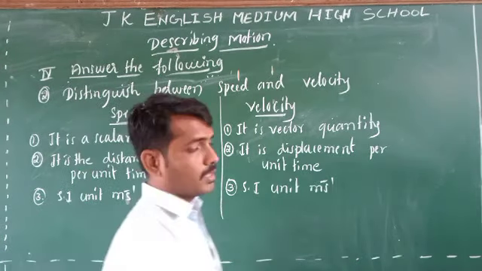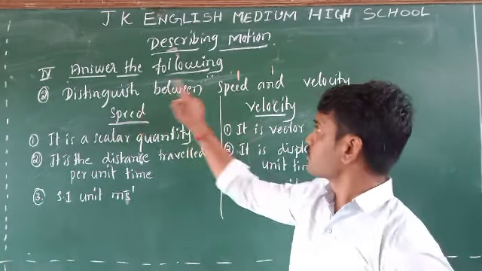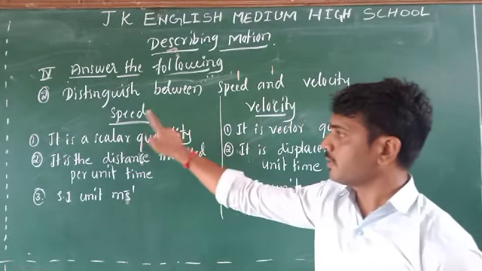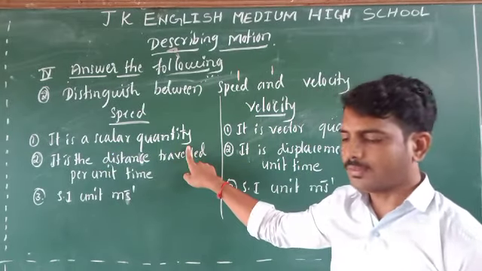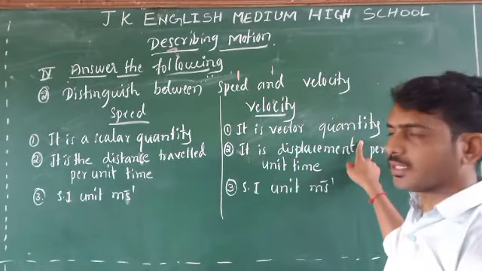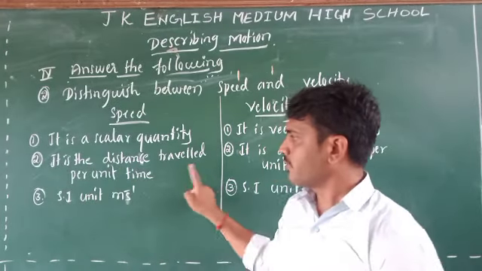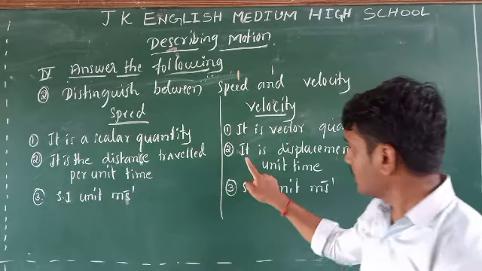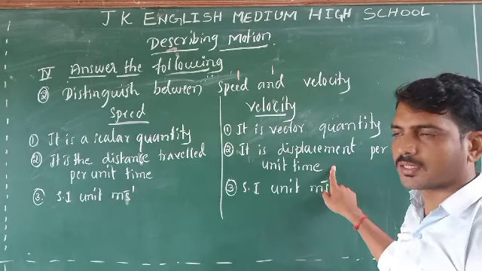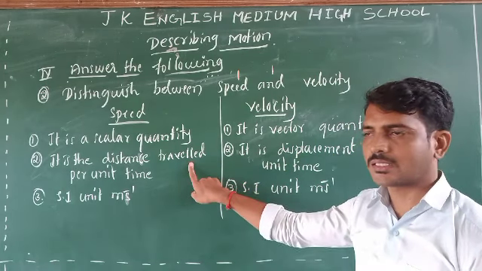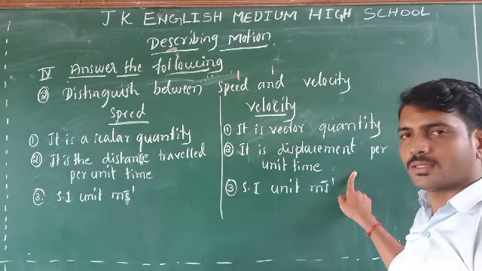Understanding? Okay. So once again I'll read. The distinction between speed and velocity. Speed is a scalar quantity and velocity is a vector quantity. Speed is the distance traveled per unit time. Velocity is the displacement per unit time. Speed is totally dependent upon what? Distance. Velocity is totally dependent upon what? Displacement.